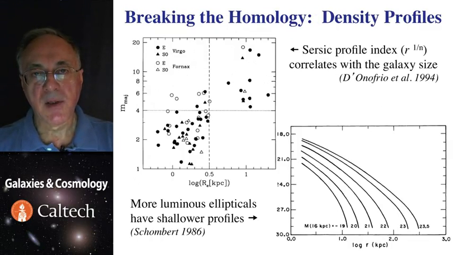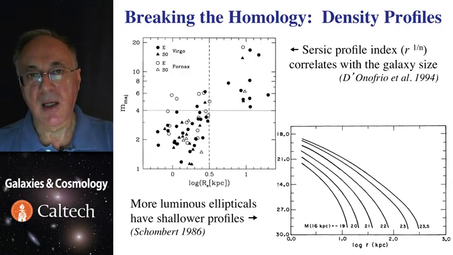Nevertheless, if you obtain surface brightness profiles of many, many ellipticals, and then fit the Sérsic law to all of them, and plot the value of the Sérsic parameter, n, which in this plot on the left is confusingly labeled as m by the authors of the paper, you find out that that shape parameter depends on the size of the galaxy and by the same token on the luminosity of the galaxy, and goes in the sense that galaxies with larger radii or larger luminosities have shallower profiles.